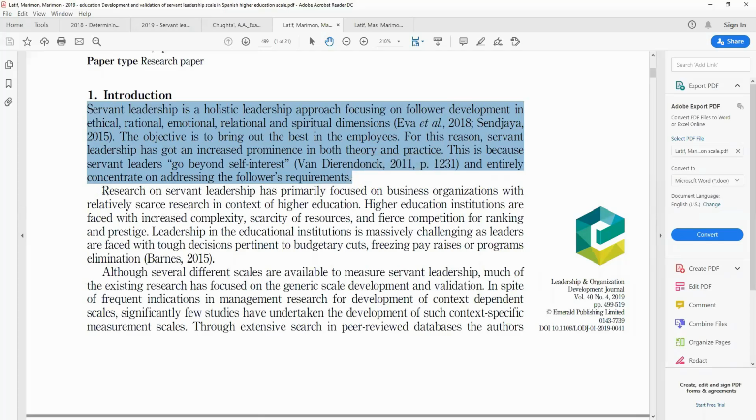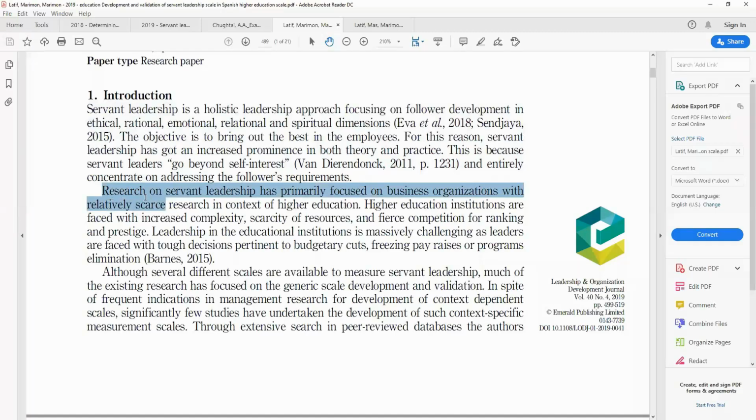The second paragraph, or the third paragraph if you want to further elaborate, is where you start identifying the gaps and limitations in existing research, just as done in this research paper. It talks about how research on servant leadership is limited and why it should be started in other sectors.